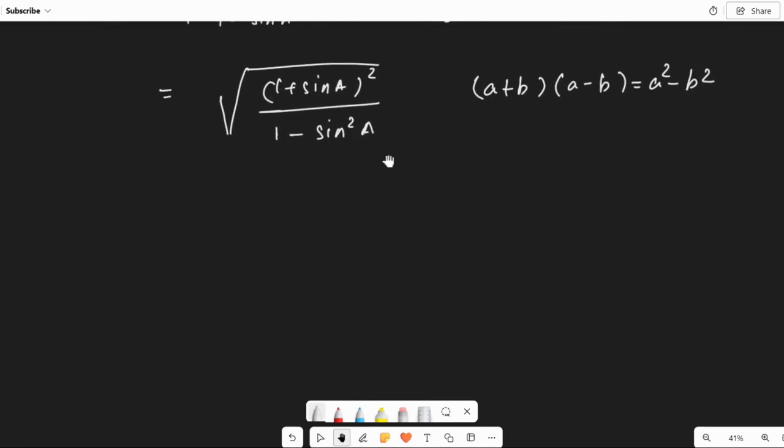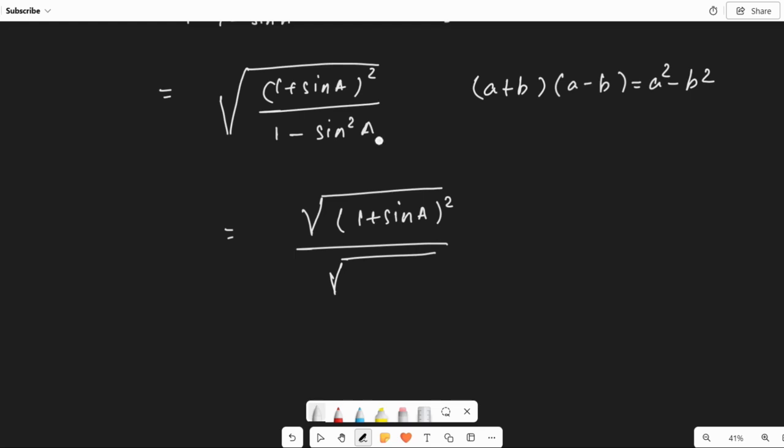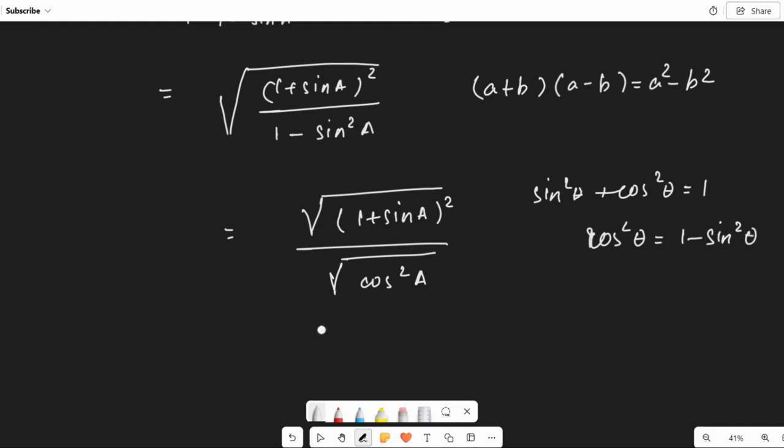Okay, so we have √((1 + sin A)²/(1 − sin²A)), and 1 − sin²A can be written as cos²A. The identity sin²θ + cos²θ = 1 gives cos²θ = 1 − sin²θ.